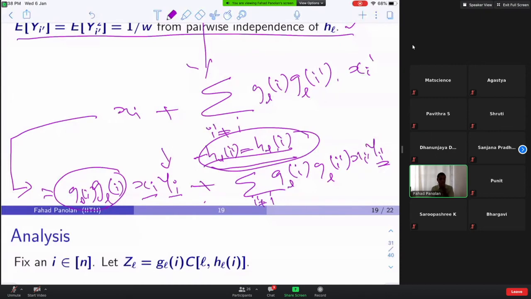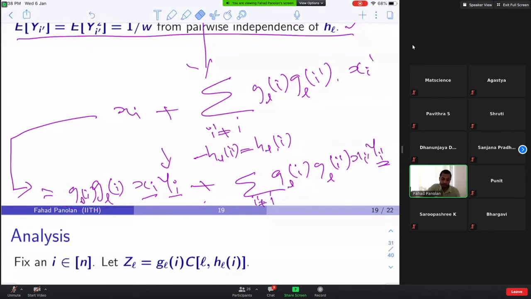The first term xi is equal to the first term written below, plus the second term written here is equal to the second term written here. Any doubts, please ask me. I will explain it again.